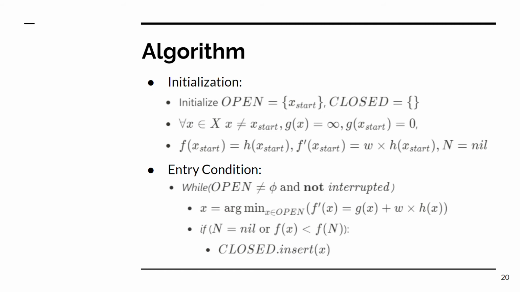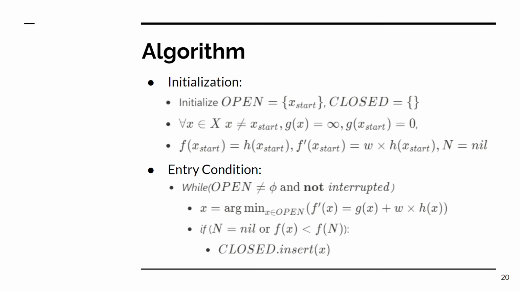Next, there is a check in place which prevents a node having an f value greater than the previously found solution from being expanded, which means a node having an f value higher than the previously found solution will not be expanded, as that will imply that it will lead to a worse path than the one found in the previous iteration.